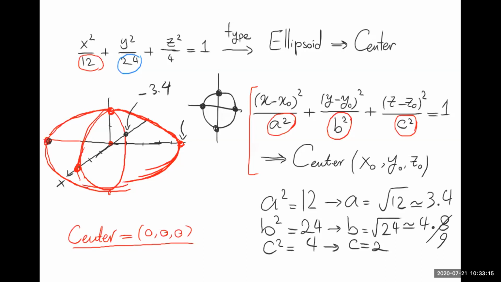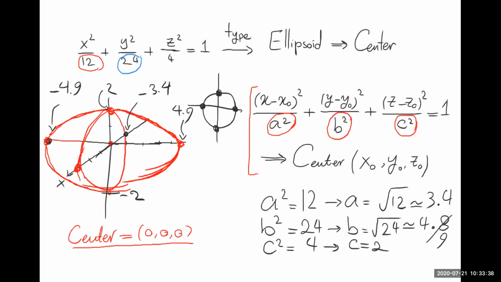This is, for example, 4.9. This is minus 4.9. Yeah, you're right. This is 2. This is minus 2. Yes. So in this case, for all the ellipsoid, they are all symmetric in the 3 axes, right? Yeah, so that's a good comment.